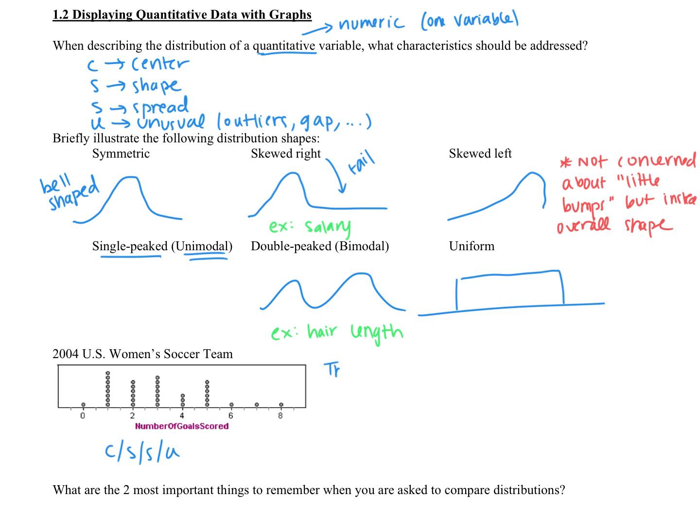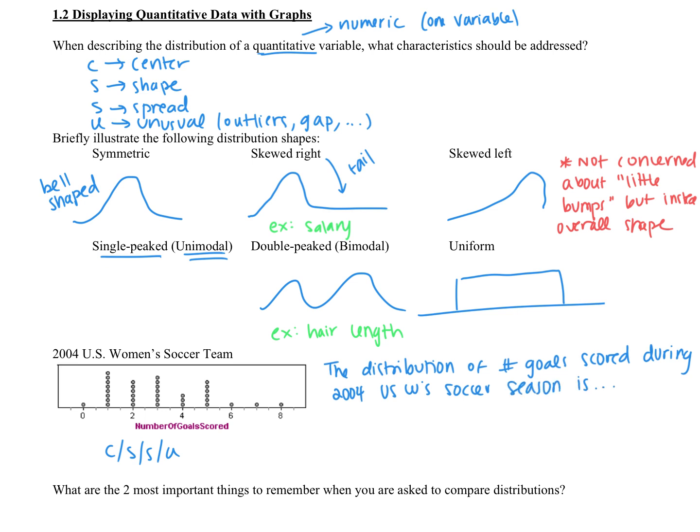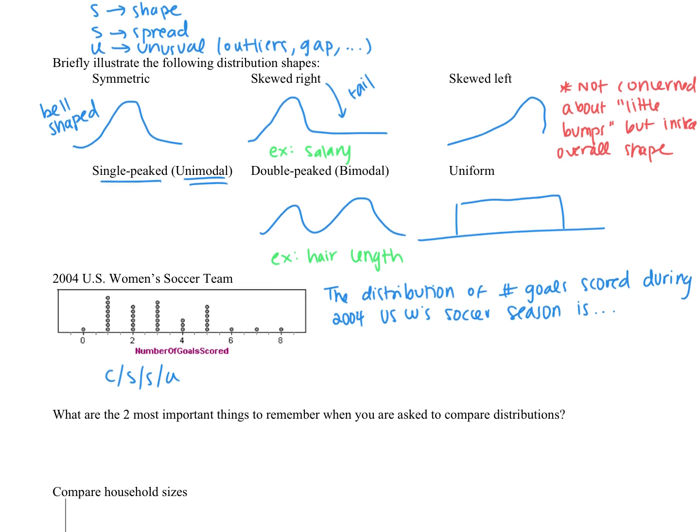So I'm going to say the distribution of number of goals scored during the 2004 U.S. women's soccer season is, so far that's just context. All I've said is context. Is it wordy? Yes, but I said everything that we were referring to. Remember, distribution just means it tells us the possible values and how often they occur.